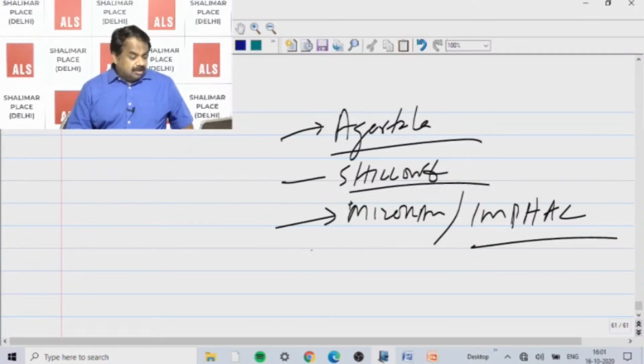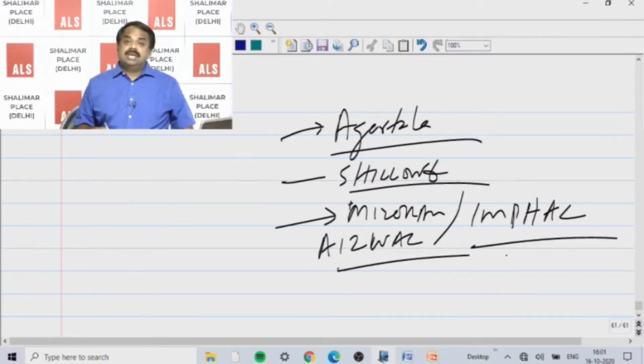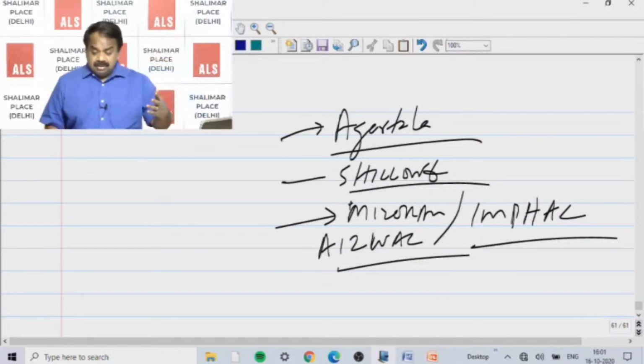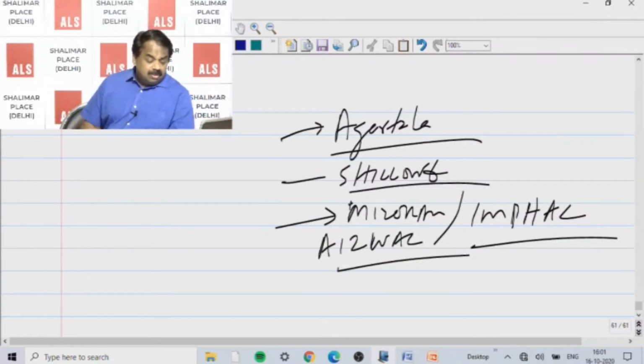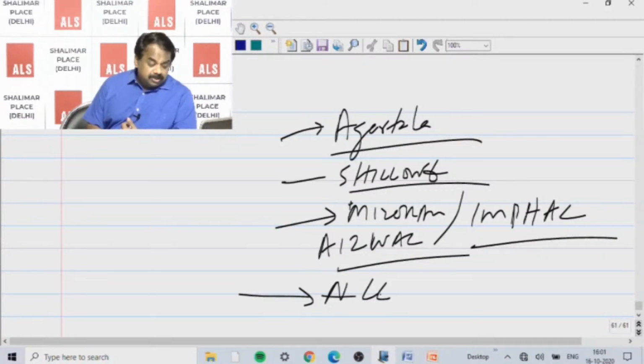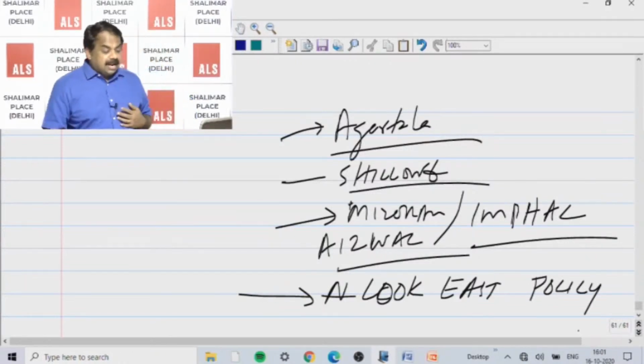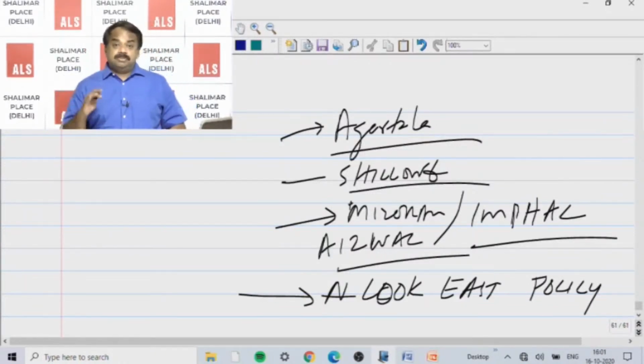Even to Aizawl, we can substantially reduce the travel time. It's a big achievement. And also, Bangladesh can act as a pillar of our Look East policy, because the Look East policy can succeed only if there is proper connectivity with the Southeast Asian states.